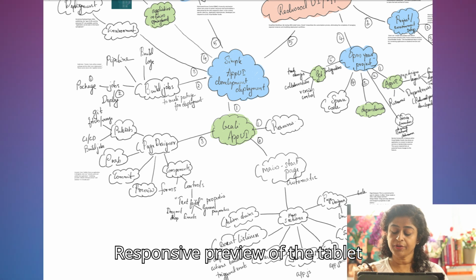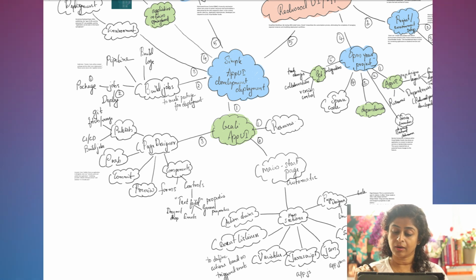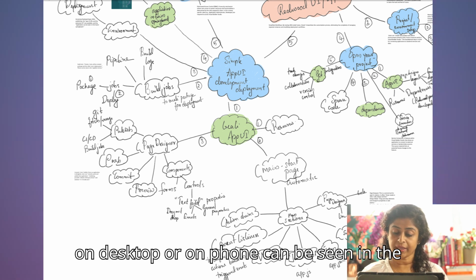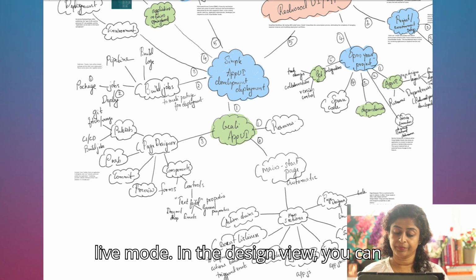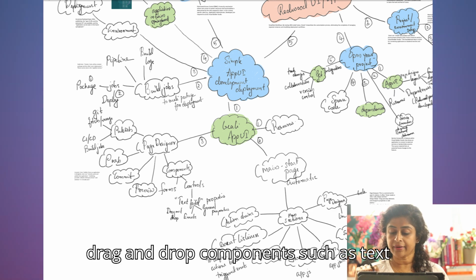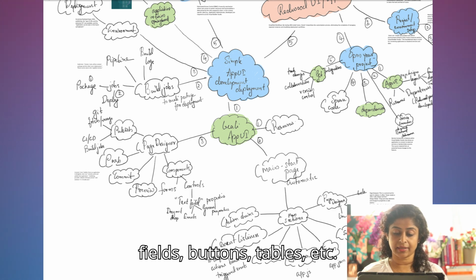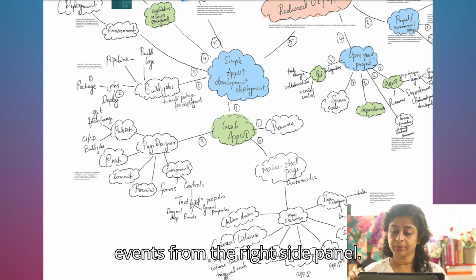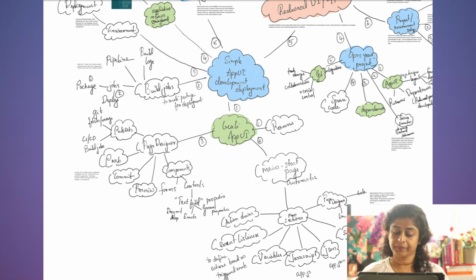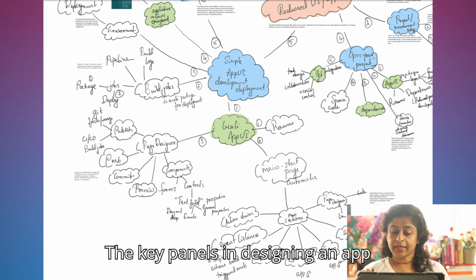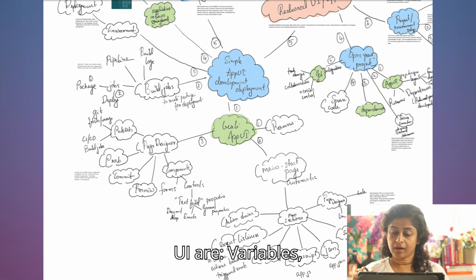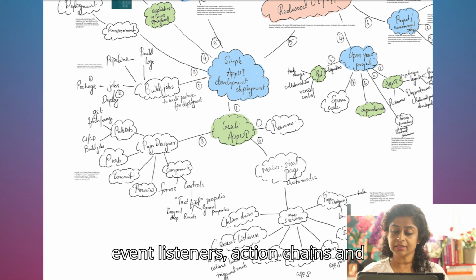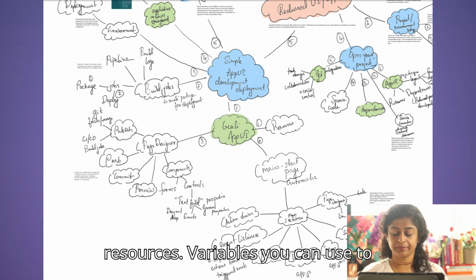A responsive preview of the tablet, desktop, or phone can be seen in the live mode. In the design view, you can drag and drop components such as text fields, buttons, tables, etc. You can modify the properties and trigger events from the right side panel. The key panels in designing an app UI are variables, event listeners, action chains, and resources.